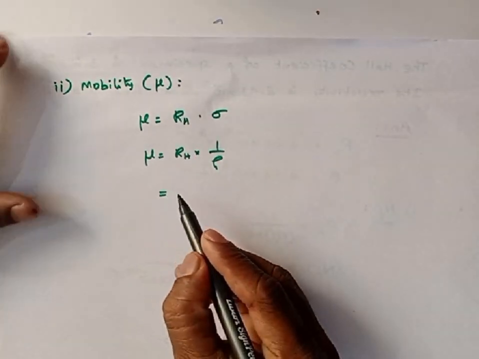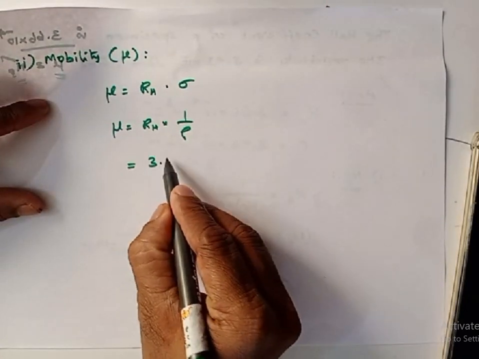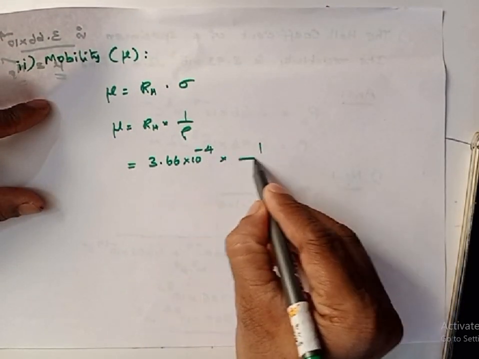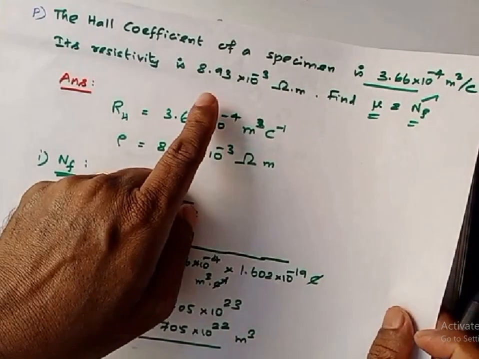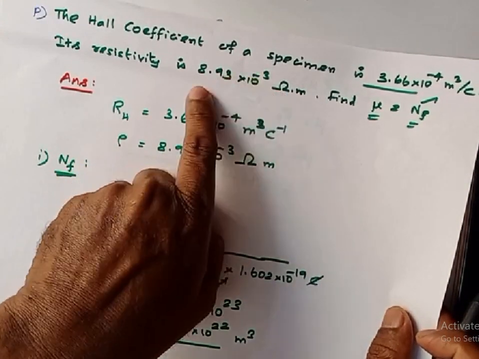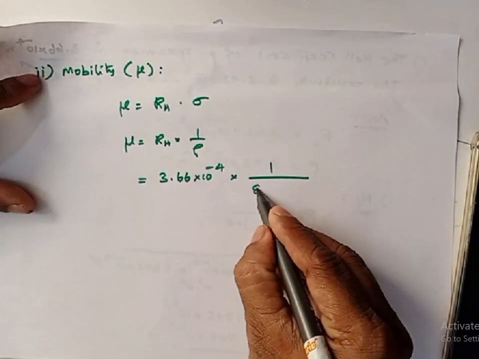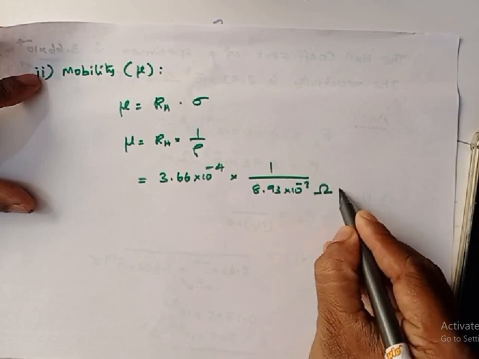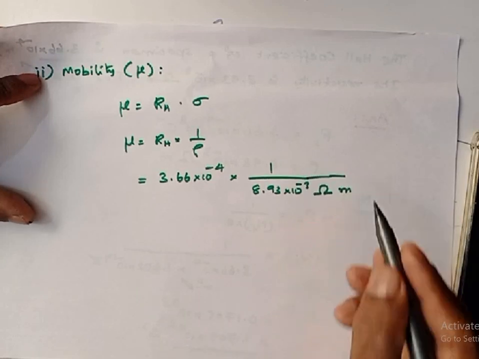And we know the value of RH. The RH value is 3.66 into 10 to the power minus 4, into 1 by the resistivity value, which is given in SI unit ohm meter, 8.93 into 10 to the power minus 3 ohm meter.